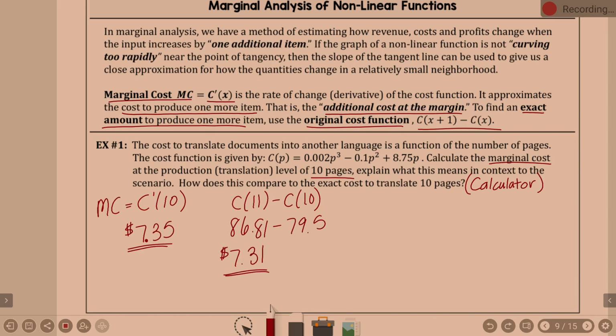This 7.35, it was the cost to produce what? The one extra item, which is the what number item? The 11th item, right? Okay, and then this was just the exact cost. Okay, noticing you get very much the same. So C prime of 10 represents the cost to produce one more item. In this case, it's the 11th page. Or translate the 11th page, whatever.